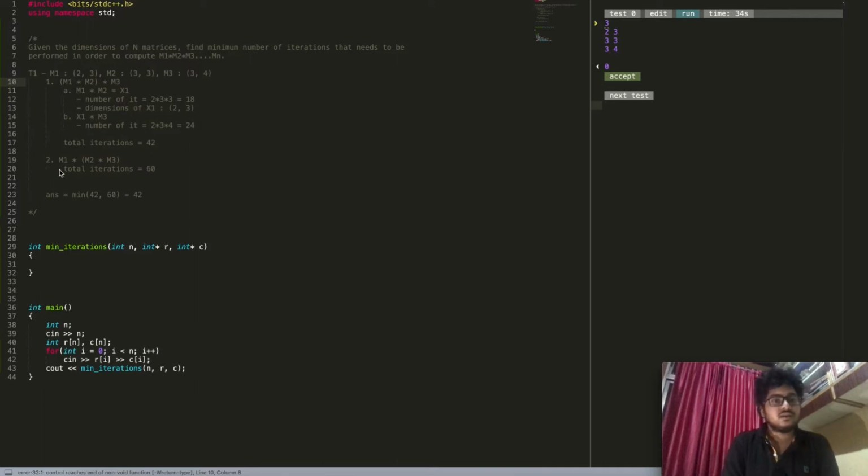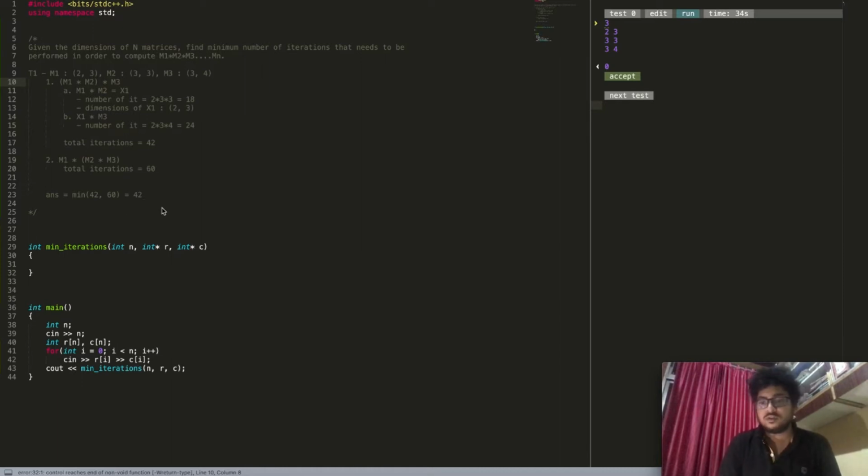In the same way, in the second way, first we multiply m2 with m3 and then we multiply the resultant with m1, and the total number of iterations in this case will be equal to 60. So the answer in this case will be equal to 42.